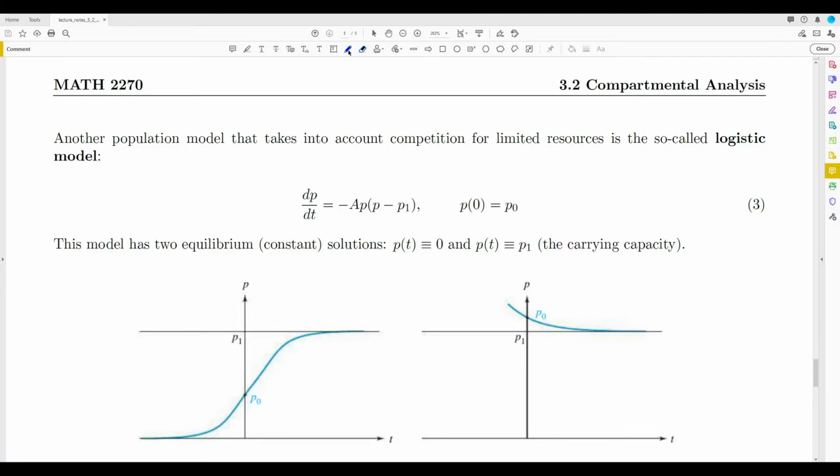But now the extra factor that we have here is p times, or that p minus p1. That's an extra factor, and p1 is the carrying capacity.